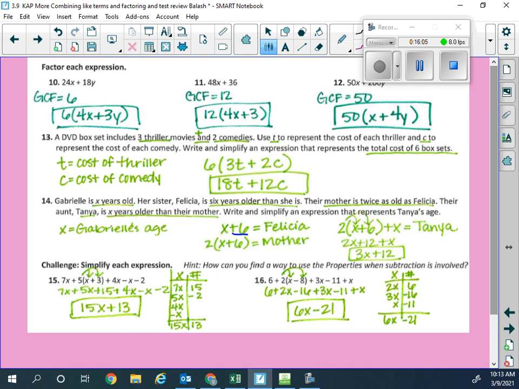So you would take Felicia and multiply that times 2 to get the mother. Then it says the aunt, Tanya, is 6 years older than the mother. So here's the mother. So you would take all of that and then add 6 to get to Tanya. Now they want you to simplify this expression. Distribute that out and then combine like terms. But without writing down each person, I think this would have been very, very difficult, okay?